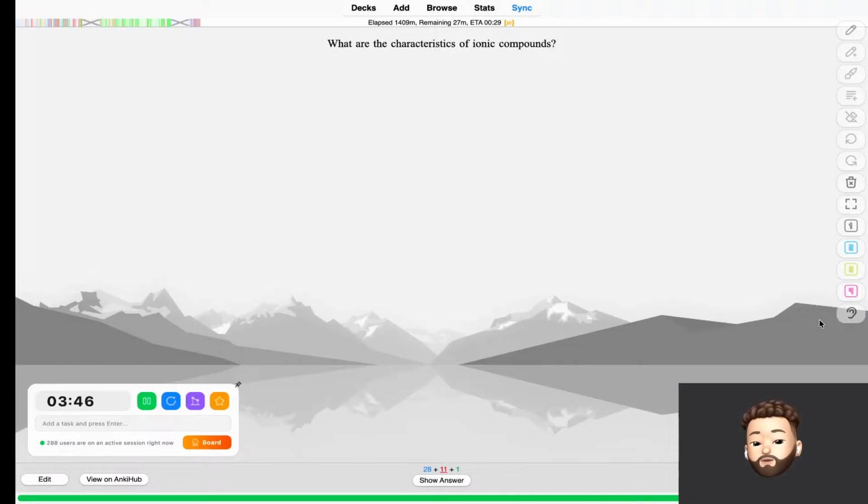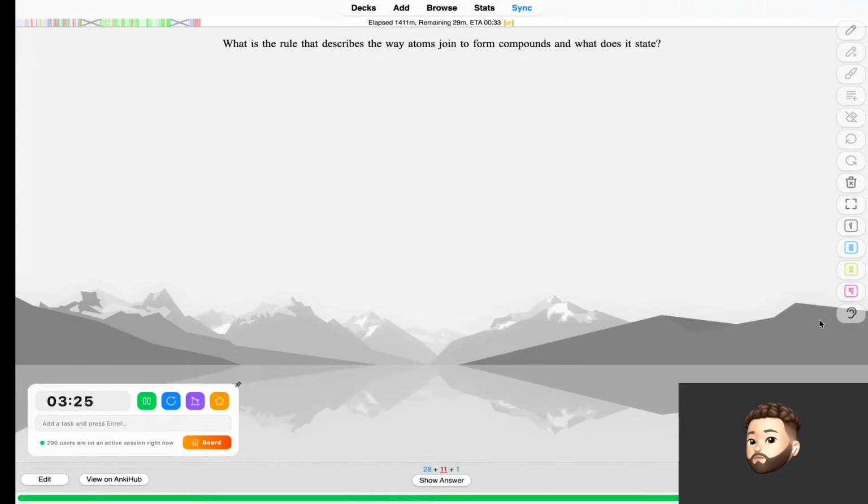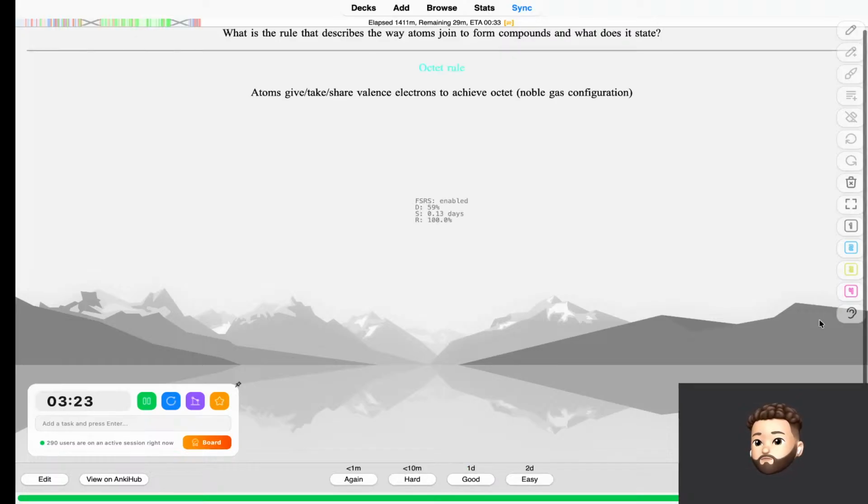They're gonna dissolve in water and polar solvents, and they're gonna form crystal lattice structures in order to minimize repulsive forces and maximize attractive forces. The octet rule.